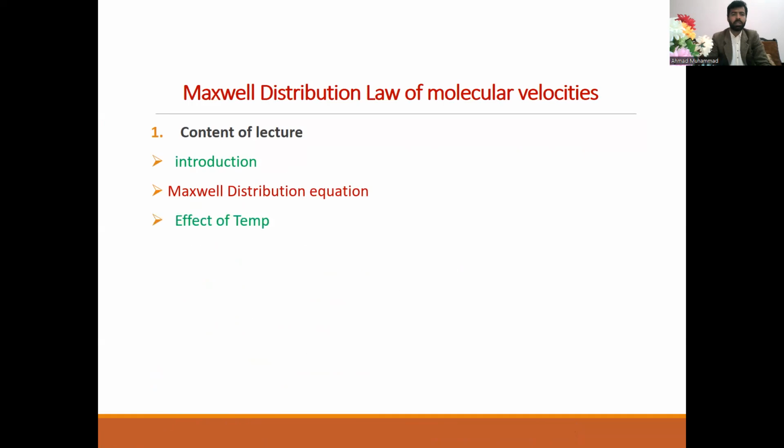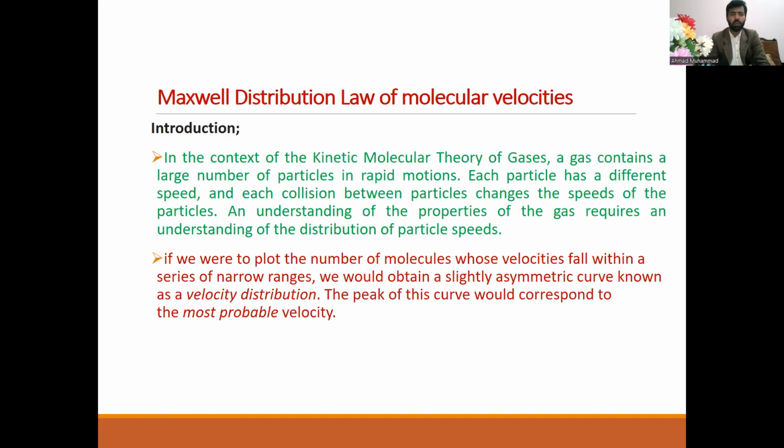Third, we will discuss the effect of temperature, by increasing or decreasing the temperature, what will be the effect on the molecular velocity? And we will discuss the point of view of Maxwell. And lastly, we will discuss the most probable velocity of a molecule.